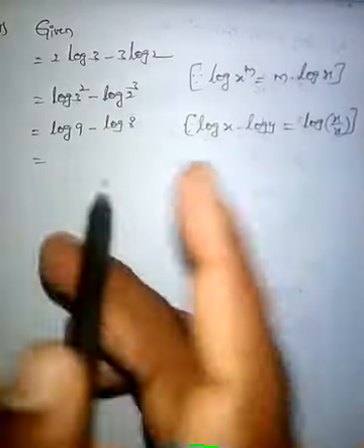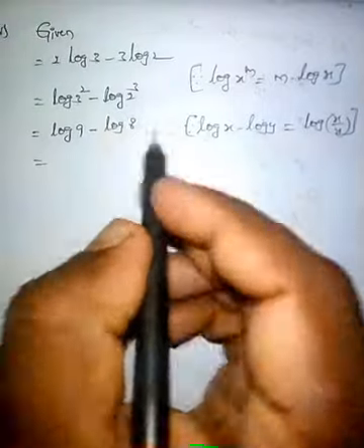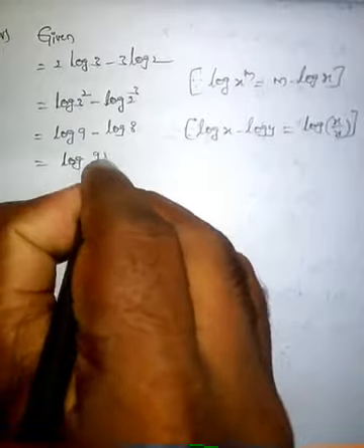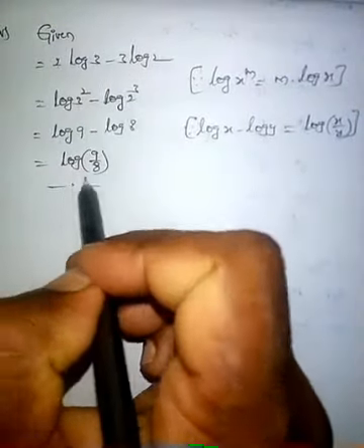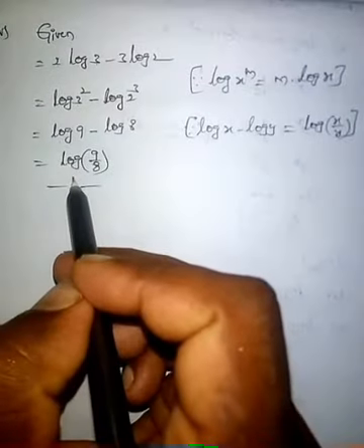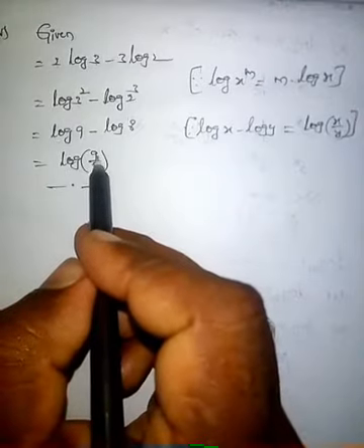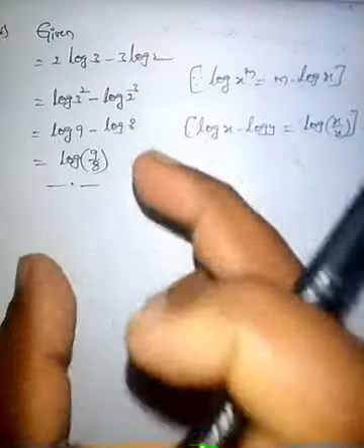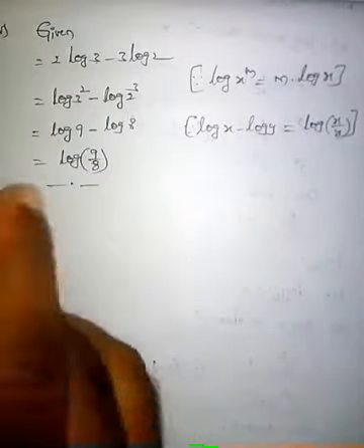So apply this formula to log 9 minus log 8, that is log 9 by 8. Here we wrote the given logarithm as a single logarithm, so we can't find the value by using the laws of logarithms. For finding the value of log 9 by 8 you have to use a logarithmic table. We don't learn how to use the logarithmic table in the 10th class syllabus, that's why leave it.